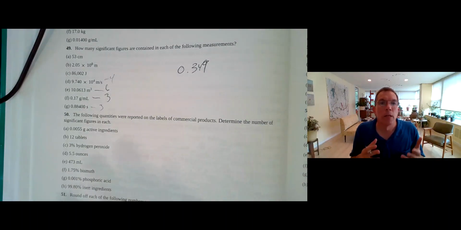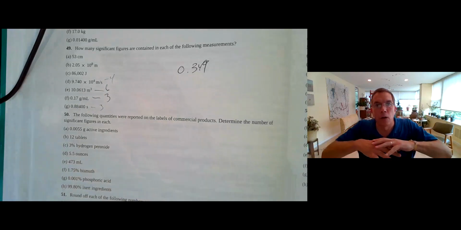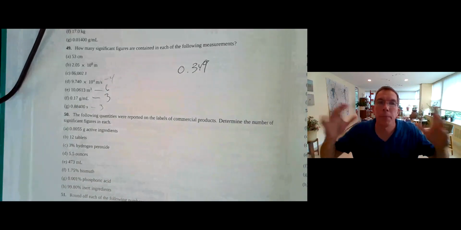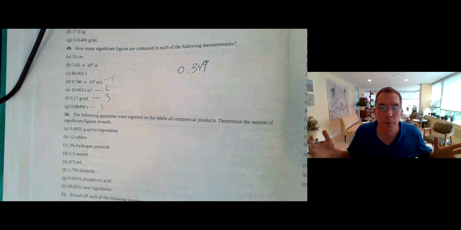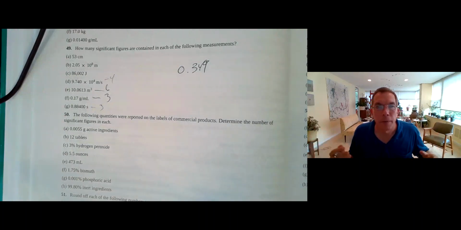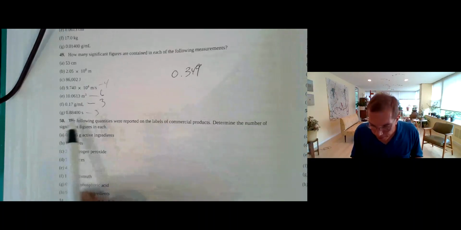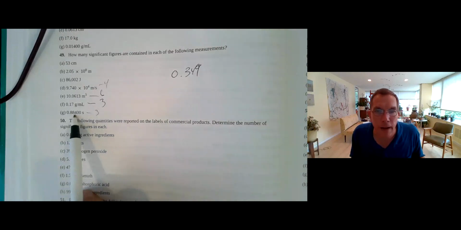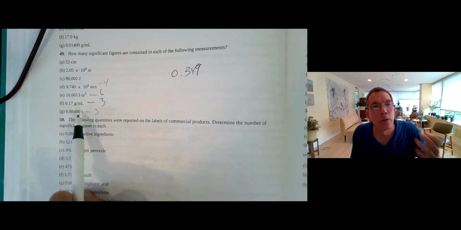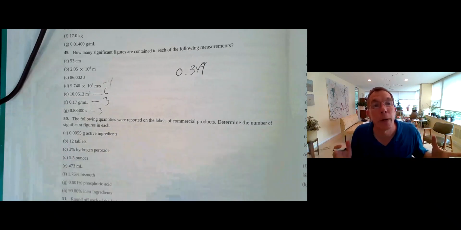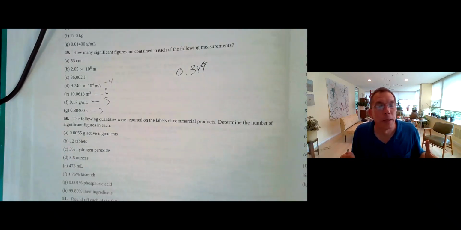You write problems to try to illustrate important points and to get the whole gambit of different problems that people are going to run into. They don't really care that there's 5 sig figs here. What they care about is that you know the rule for counting sig figs so that you can do any problem that you come across.